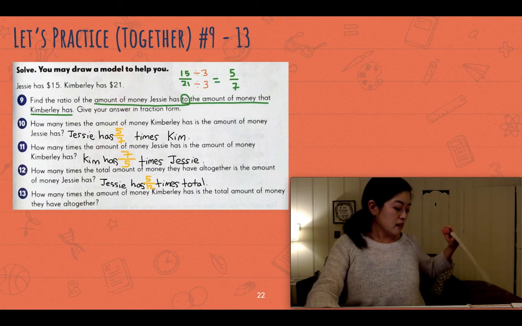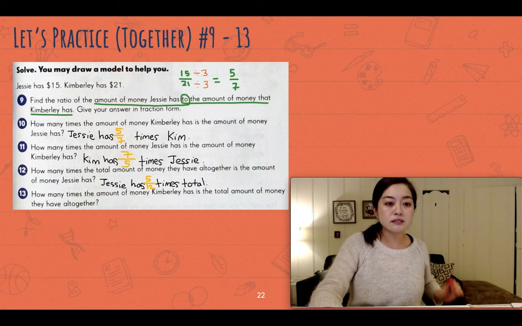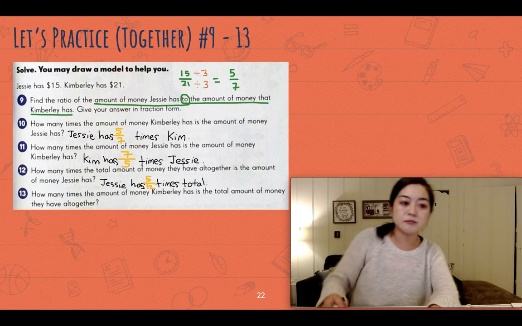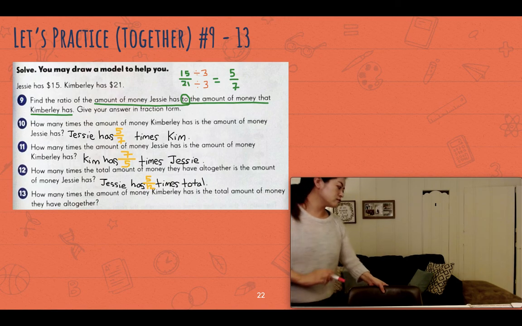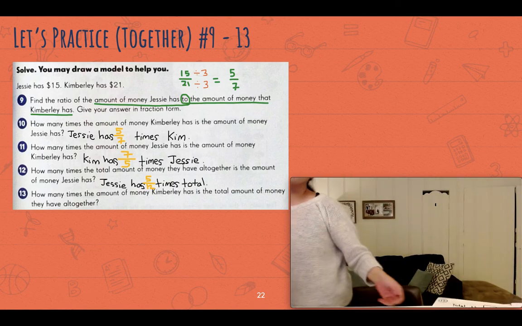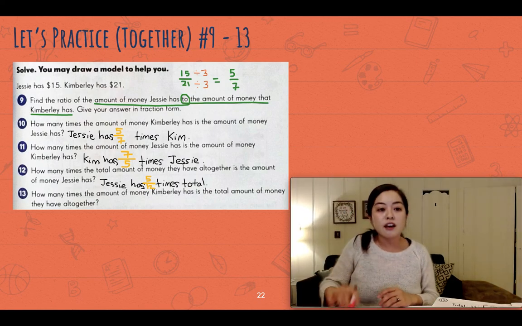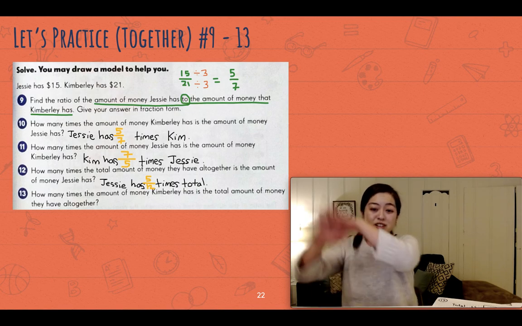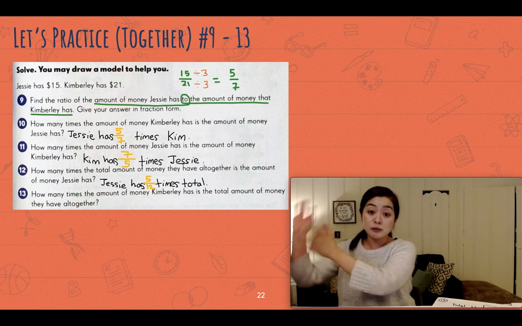The last one says how many times the amount of money Kimberly has is the total amount of money they have altogether? I'm going to grab my board because it fell on the floor. So how would we answer that question? We would say the total amount of money is a fraction times Kimberly's amount.